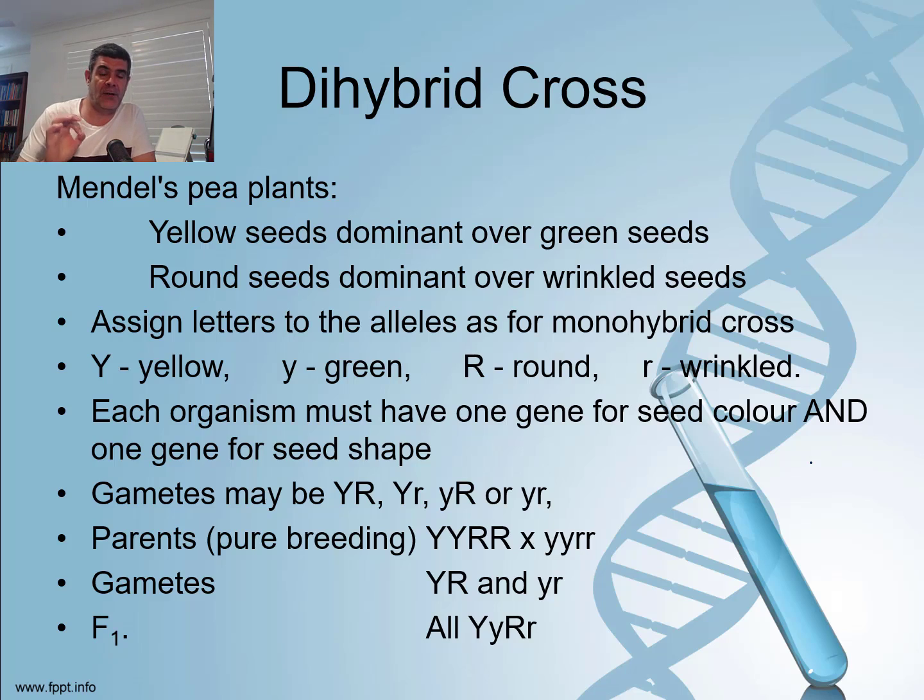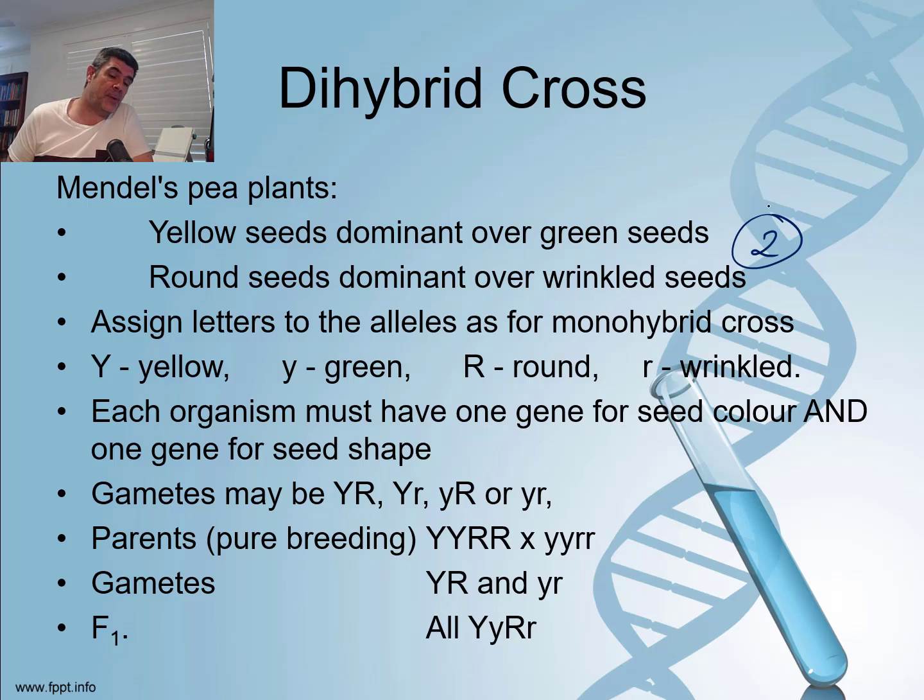These are individual characteristics. When we put them together, we have two traits, and when we start analyzing them in terms of their genetic probabilities, then we're talking about a dihybrid cross, and you'll see the hybrid nature of the cross as we go through.